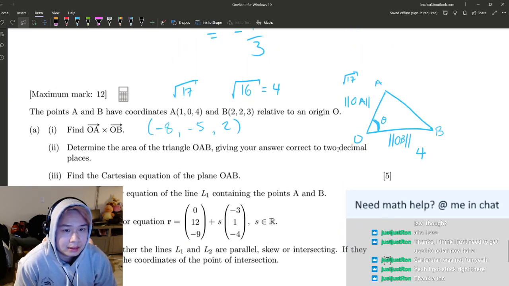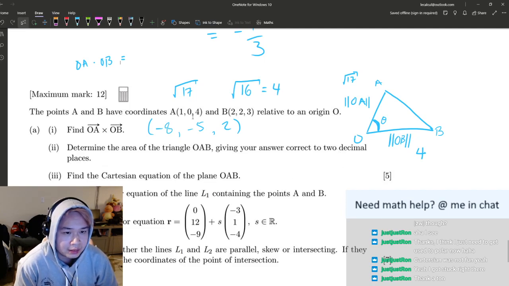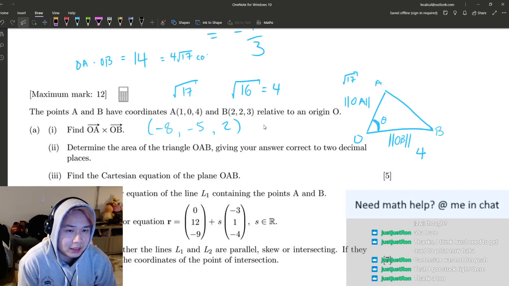And then OA dot OB is 2 times 12, which is 14. So in other words, 14 is 4 root 17 times cosine theta.